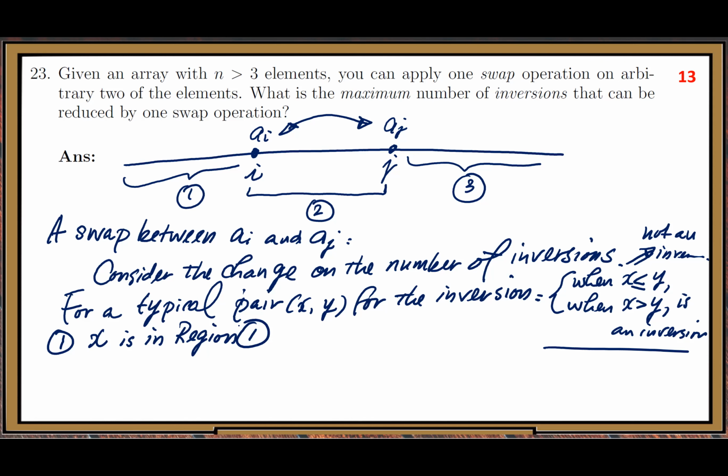No matter where Y is, region 1, 2, or 3, no matter where the real location of Y is, there is no change after the swap. Can you see that? No change after the swap.